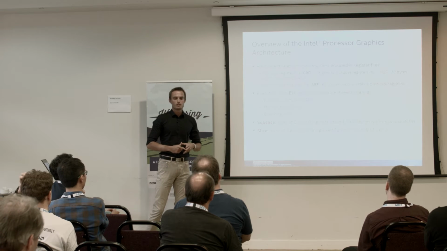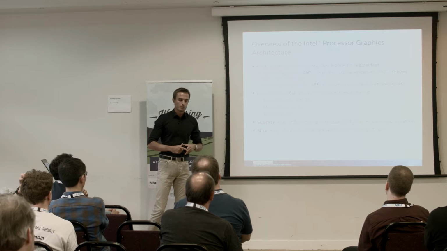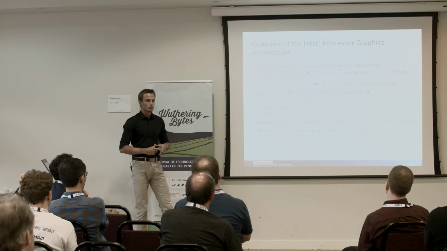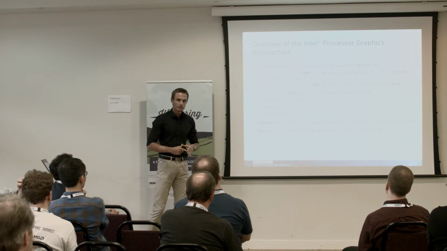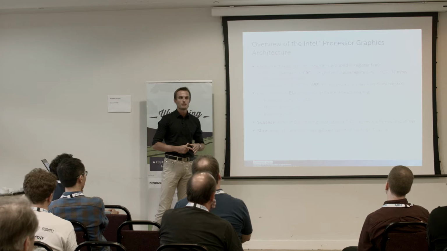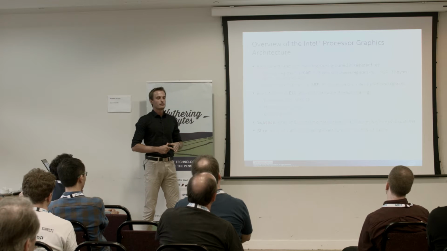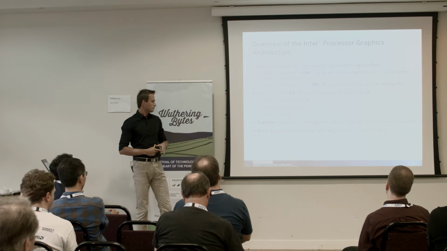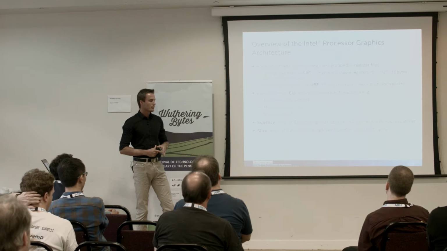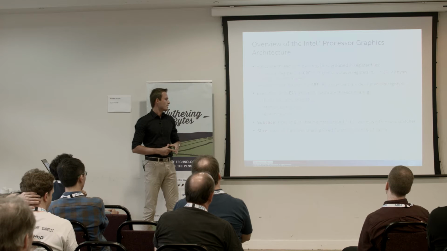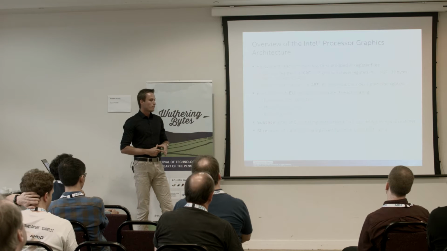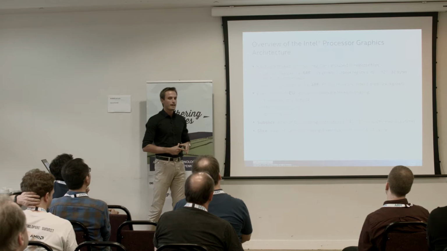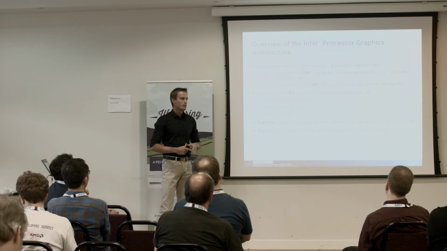The subslice is a collection of EUs which share, most importantly, level 1 and level 2 caches, and a software thread dispatcher as well. And the top unit would be the slice, grouping of one or more subslices, which basically share fixed function units and the last level cache, the L3 cache.